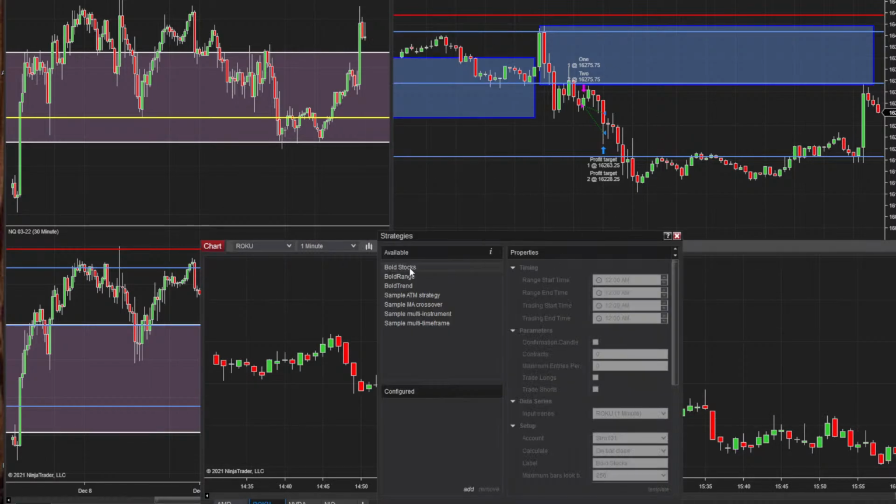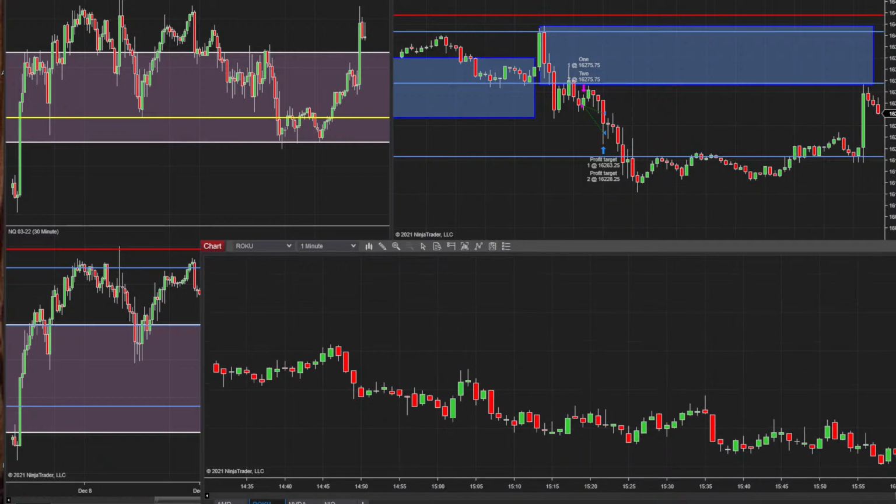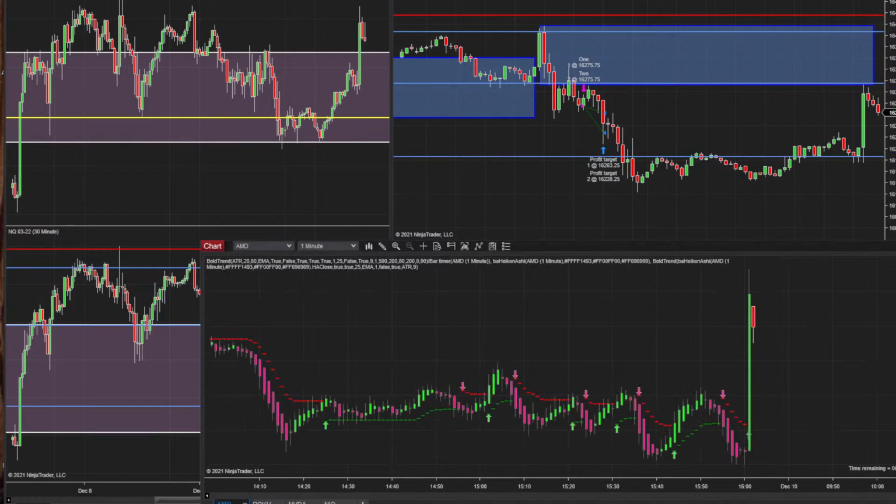Strategies. Did I not save any of these last night? Oh, it's going to be annoying. All right, I'm just going to have to fix this. Roku's green. But I'm going to have to look at that later, maybe when I wrap up the call.